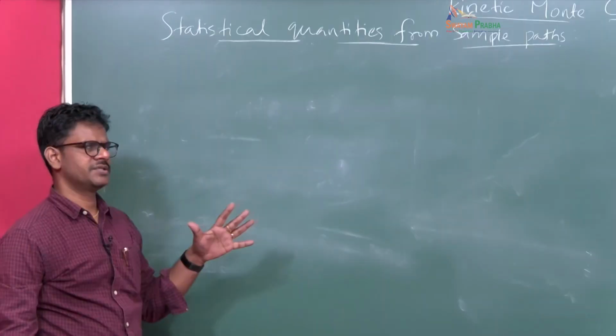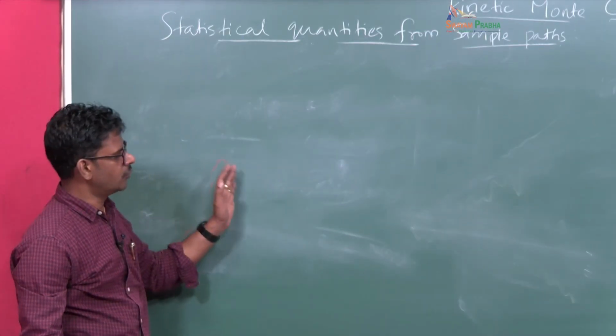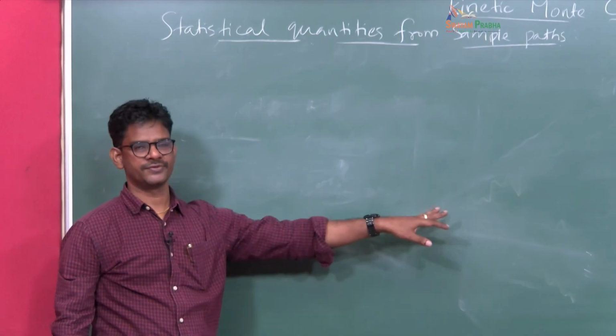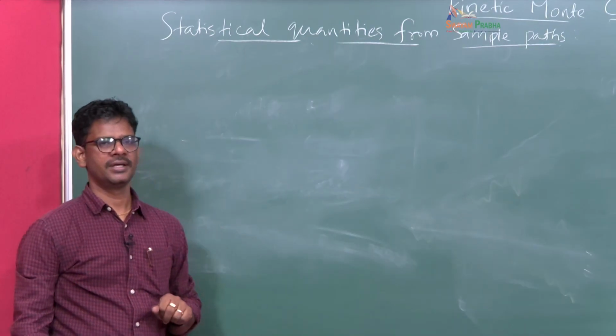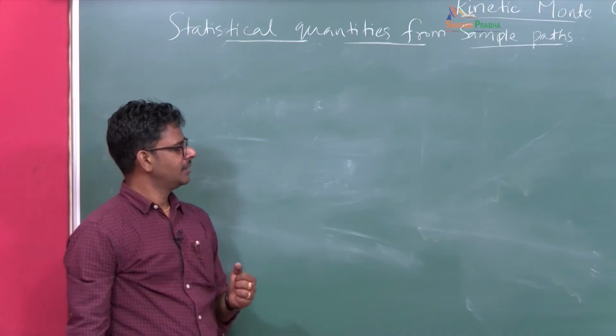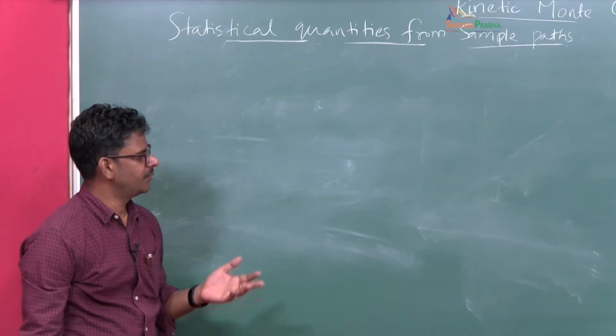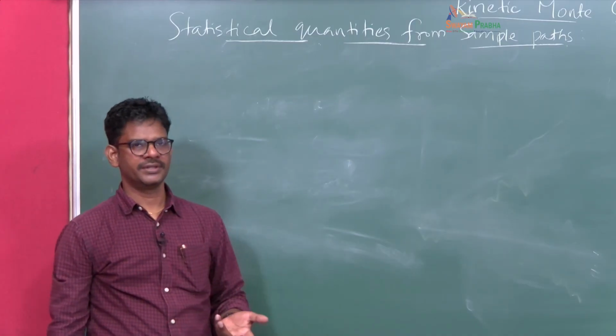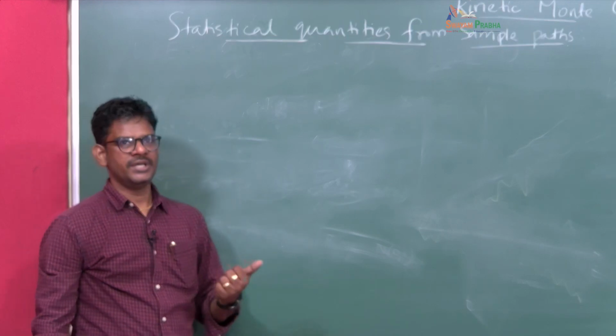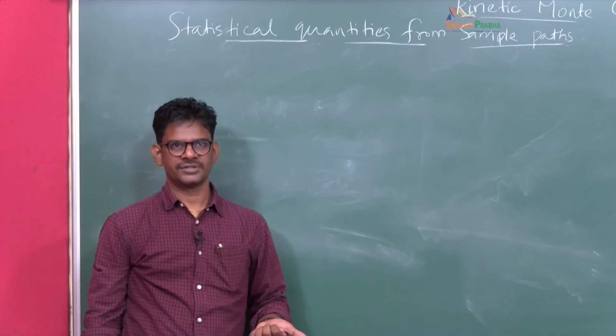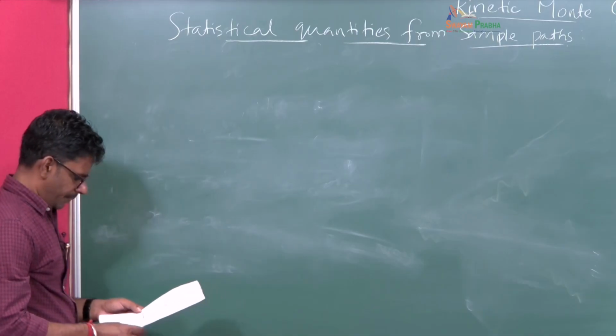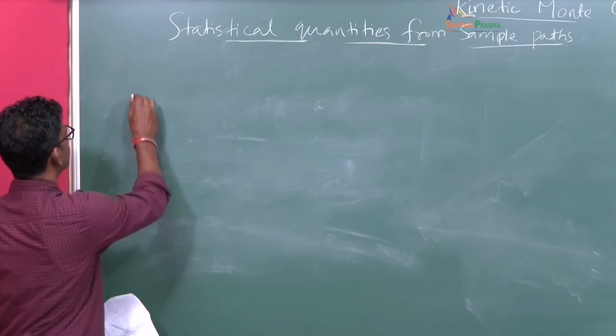Let's say that based on a certain algorithm, we know how to create trajectories or sample paths for a given stochastic process. So now what do we do with that? What we can do is, based on generating many of these sample paths, we can find the mean and variance behavior of the process. Let's say that we have x of t.